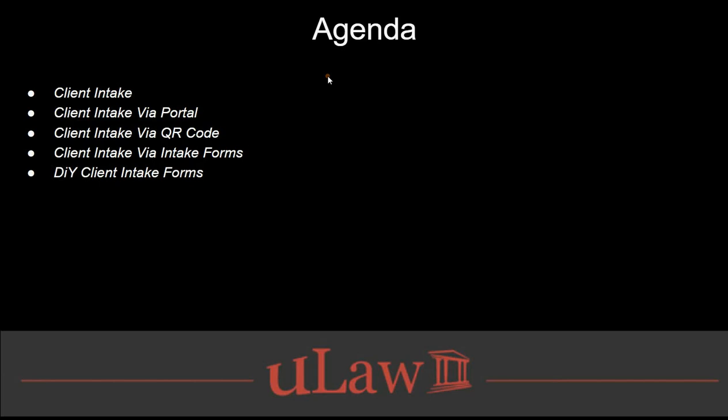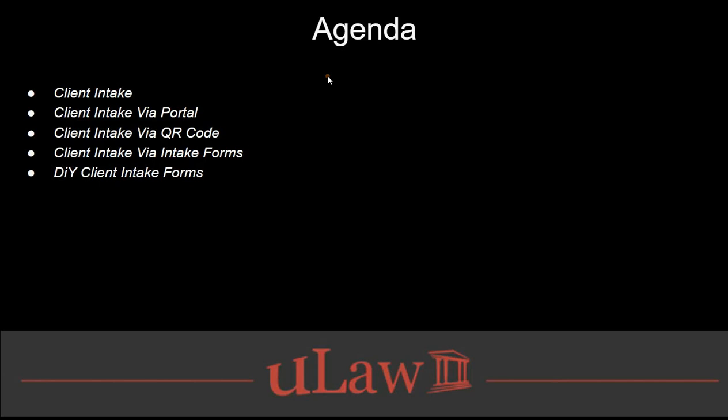Then we'll talk about the different vehicles or opportunities using the uLaw platform that you have as a user, as a legal firm, as a sole practitioner, to capture client information from that prospective client.